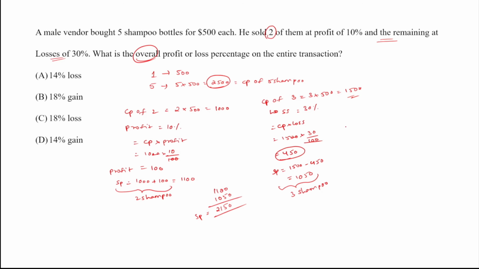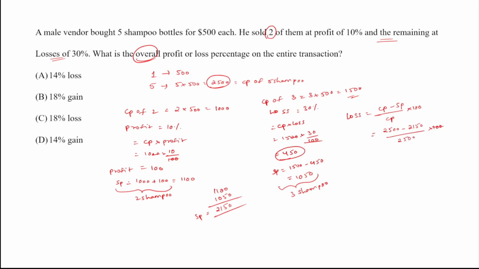So we need to know how much percentage of loss will get by the vendor. For that we are having the formula called loss equals to CP minus SP by CP into 100. The cost price of all the 5 shampoo bottles is 2500 minus selling price is 2150 by 2500 into 100.